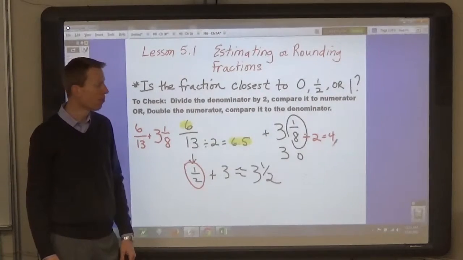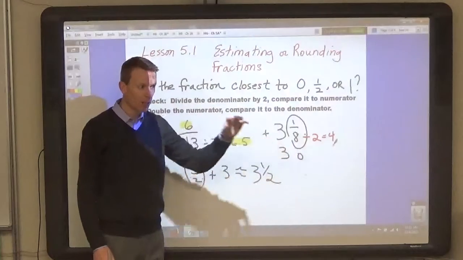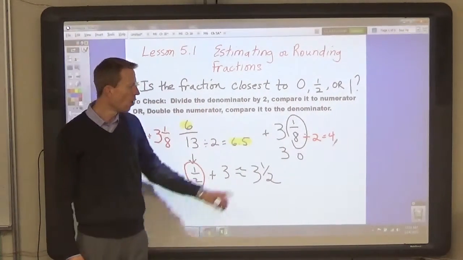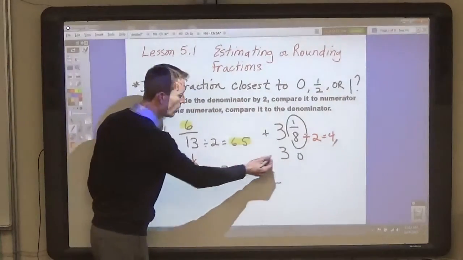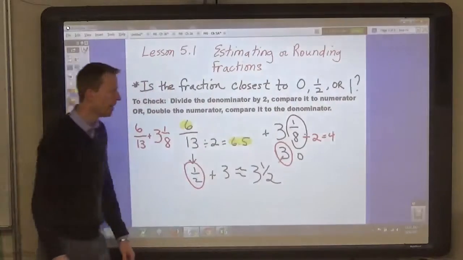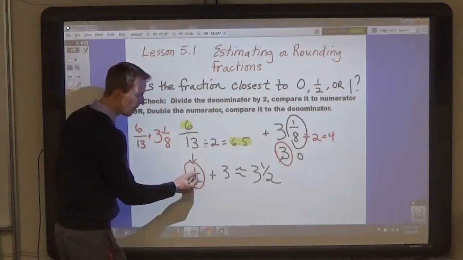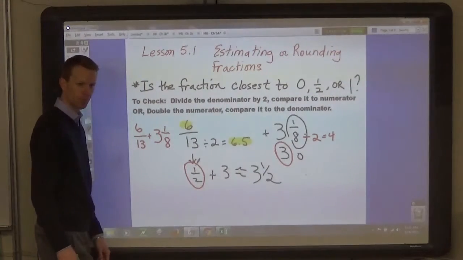It's only 3 off, but 1/8 is a really small piece compared to 1/2. So 1/8 is closest to 0. So in this case, we only use the whole number 3. So our estimated problem is this: 1/2 plus 3.